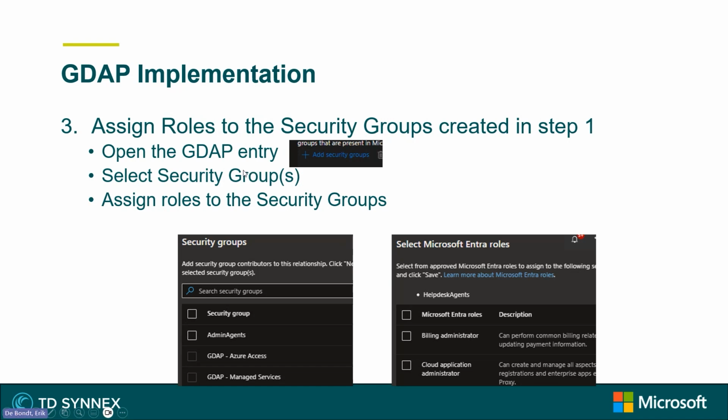So you add the security groups, select security groups that you want, and then assign the role per security group. And that's where you distinguish a junior from a senior, or a salesperson, or whatever you have, afterwards. So when the customer accepted the GDAP, then you can assign roles to it using the security groups and the correct roles that you have asked. You cannot add extra roles here. You can only select roles that have been asked and accepted by the customer in the GDAP relationship.